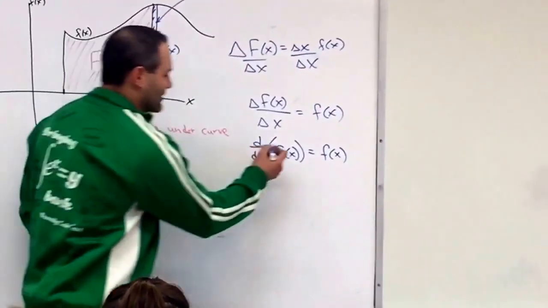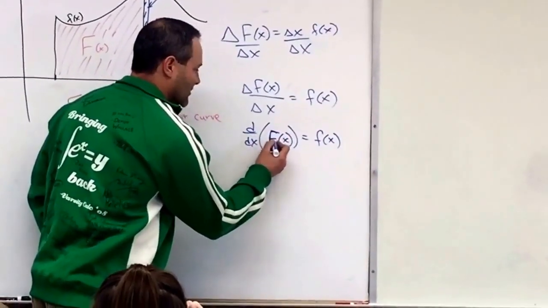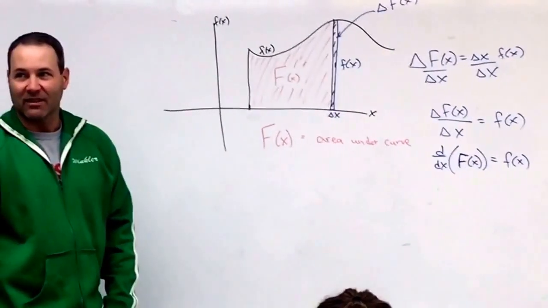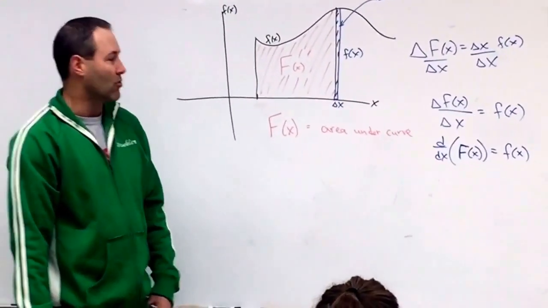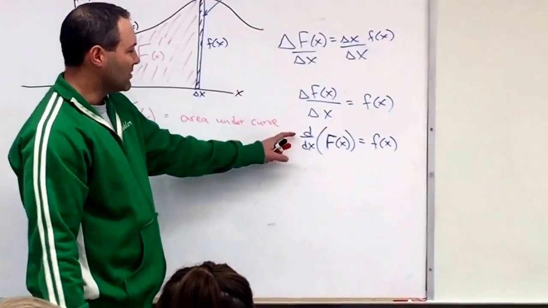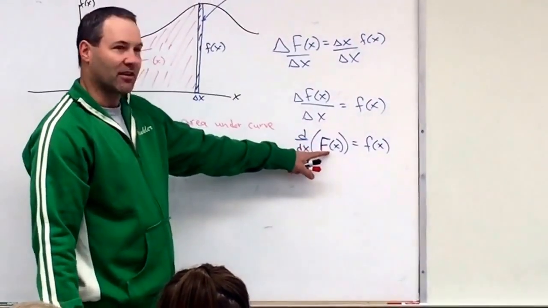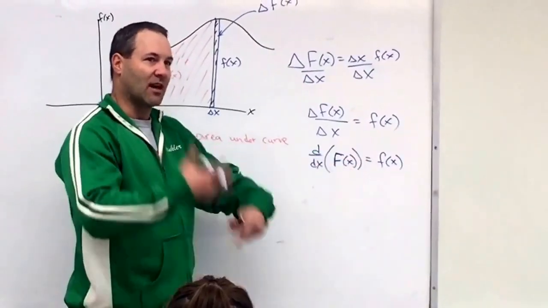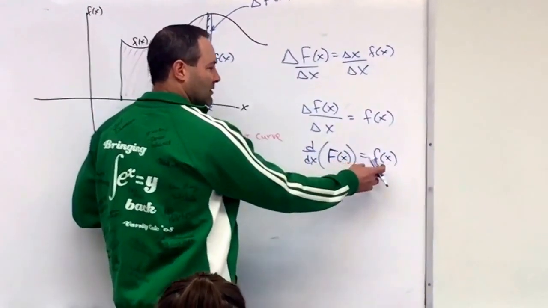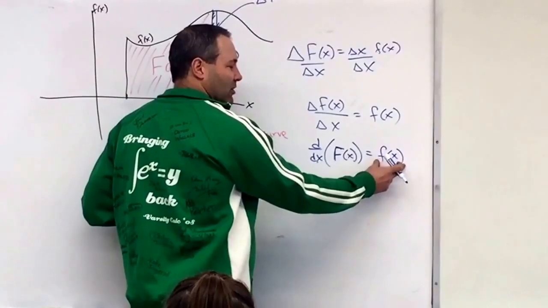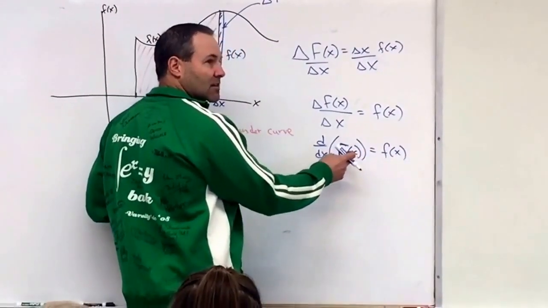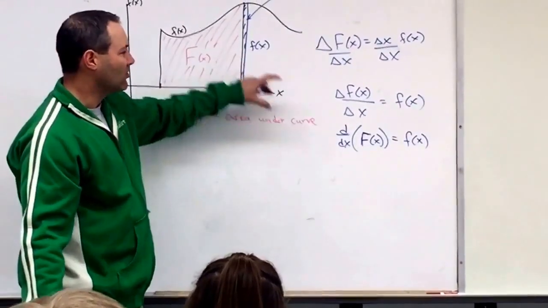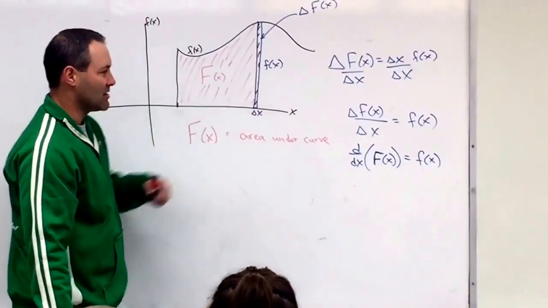Now, is that significant? It's really, really significant. So what we found is the derivative of the area under the curve is the curve itself. The converse would be the integral of the curve is the area under the curve. We already talked about that, but that's how they're related using this terminology.